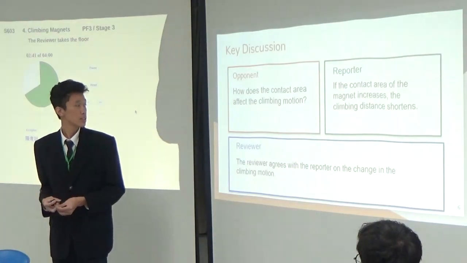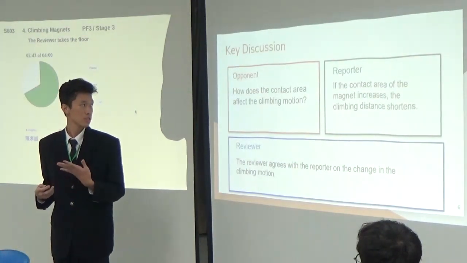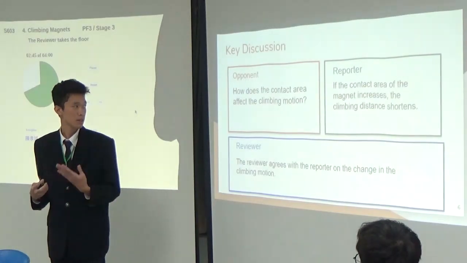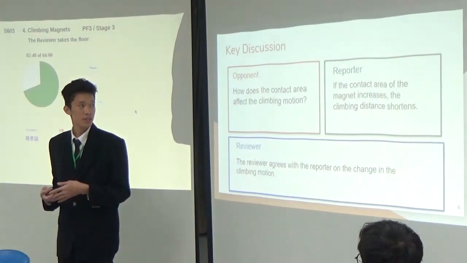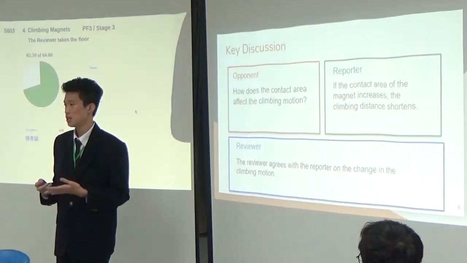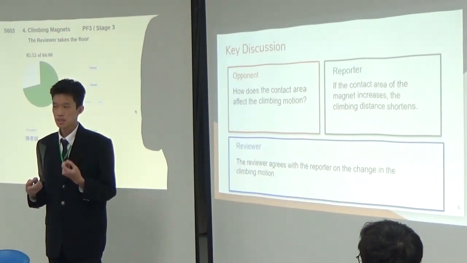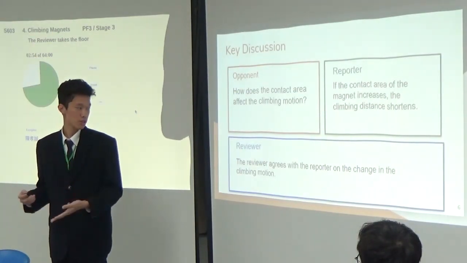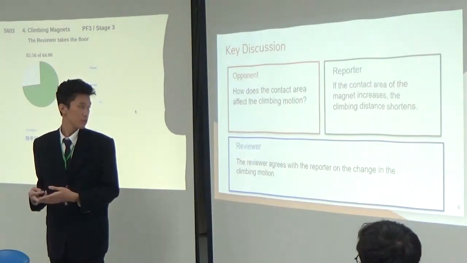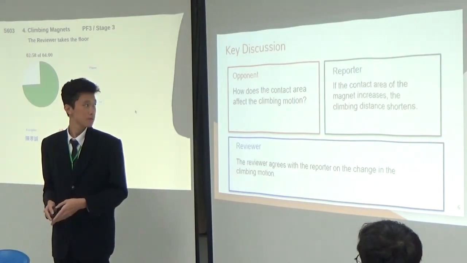And the key discussion from the opponent: how does the contact area affect the climbing motion? The reporter says that when the contact area is bigger, the stick area is shorter. And the reviewer agrees with the reporter.